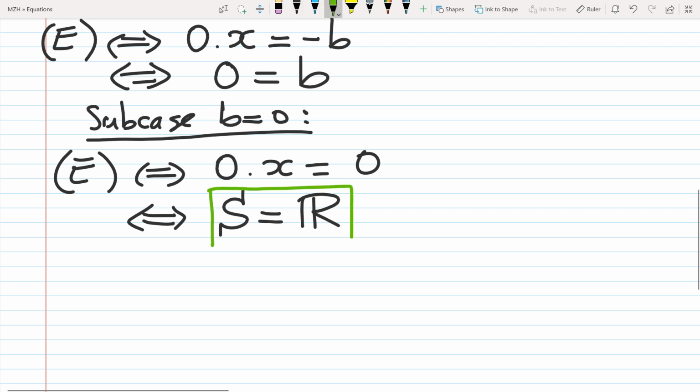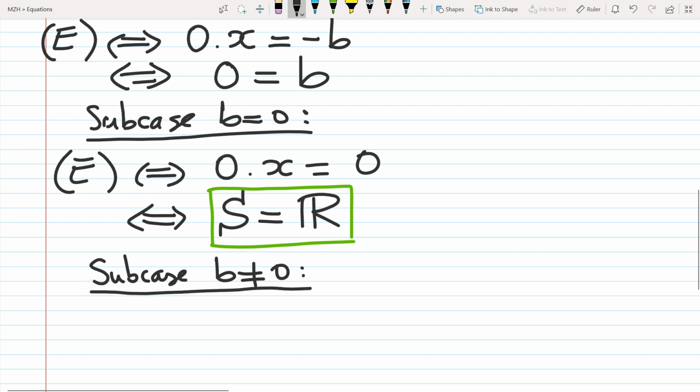And this is the solution in the case of a equal to 0 and b equal to 0. Now let's see the subcase where b is different from 0.